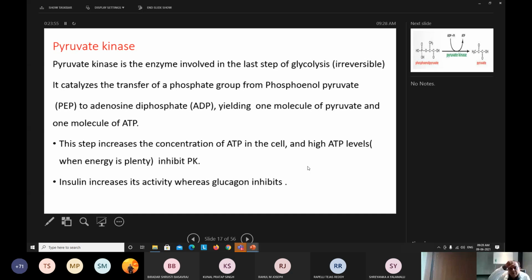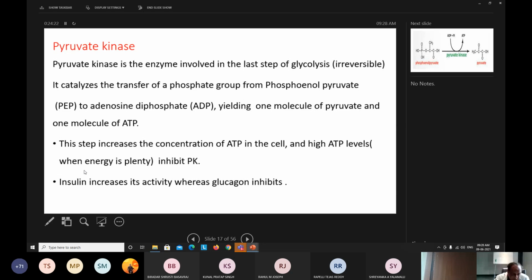The main aim of this step is to increase the concentration of ATP in the cell, and once a high amount of ATP is formed, it will inhibit PK, that is pyruvate kinase.